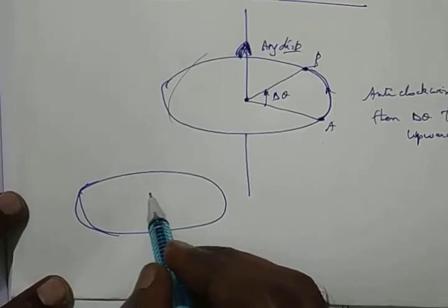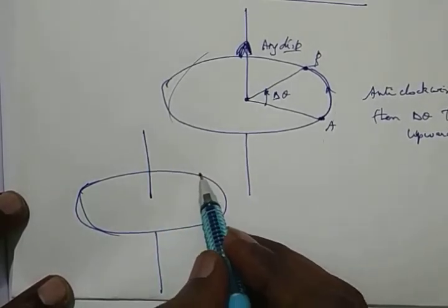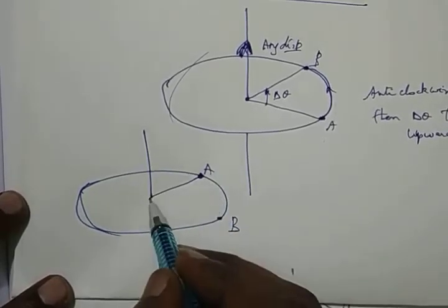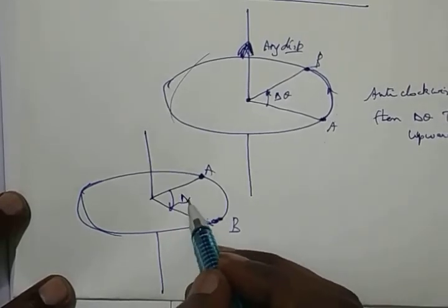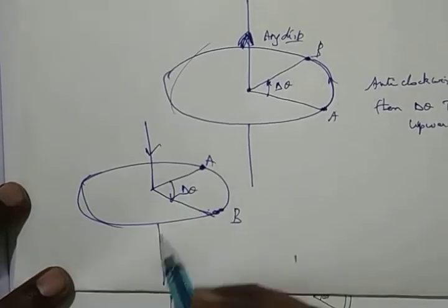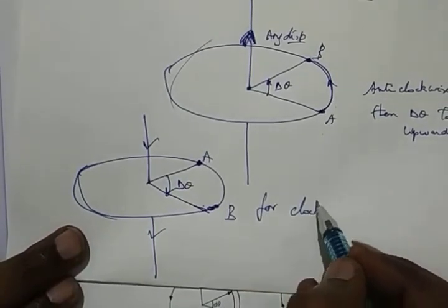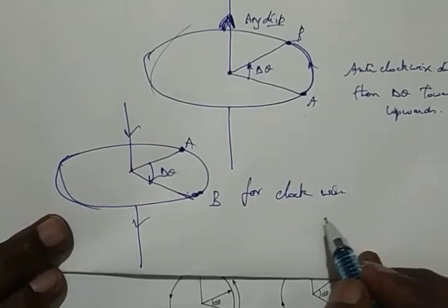Now go in the other direction here. When the body comes from A towards B in the reverse direction, A to B, this is the angle. What will happen? Then this is going to be the direction. For clockwise, what is the direction?